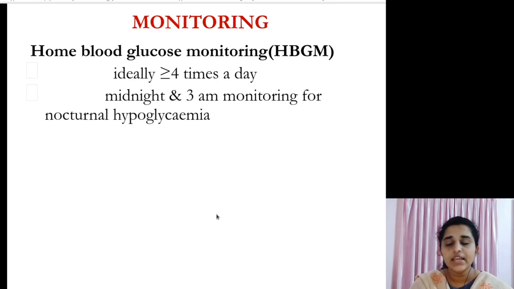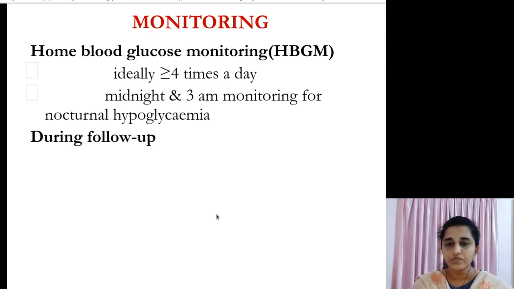Midnight and 3 a.m. monitoring for nocturnal hypoglycemia. This is very important. According to this monitoring, the physician regulates the dosage of insulin. So as a nurse, we have to properly educate the parent about how important home blood glucose monitoring is.